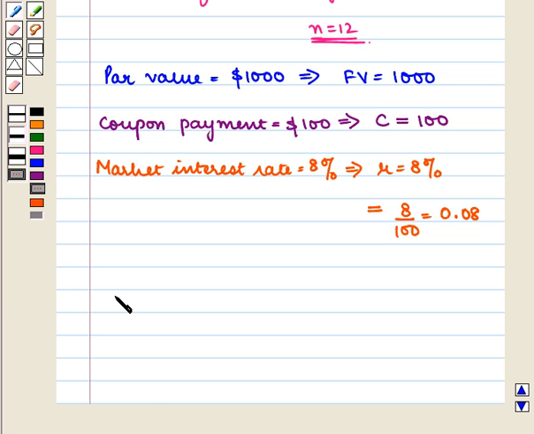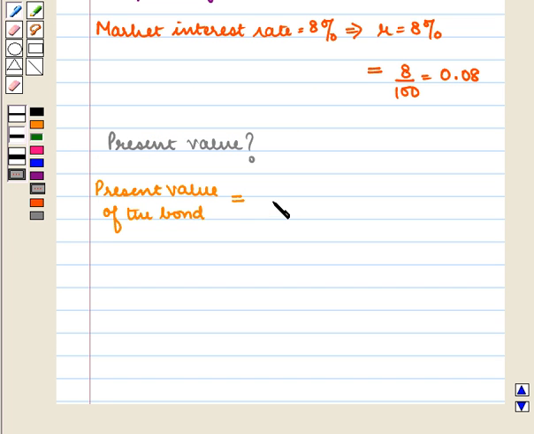We have to find its price, that is the present value. We know the present value of the bond is equal to C into 1 minus (1 plus R) the whole raised to power minus N upon R plus FV upon (1 plus R) raised to power N.